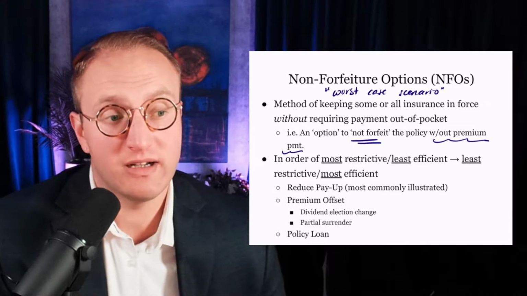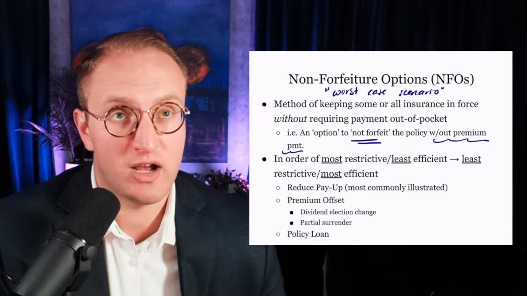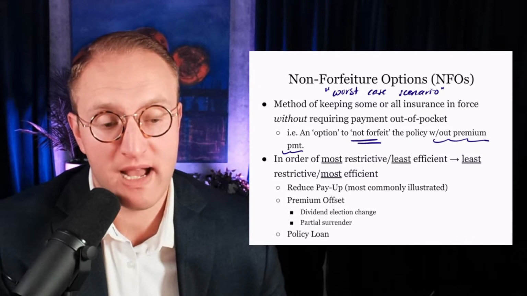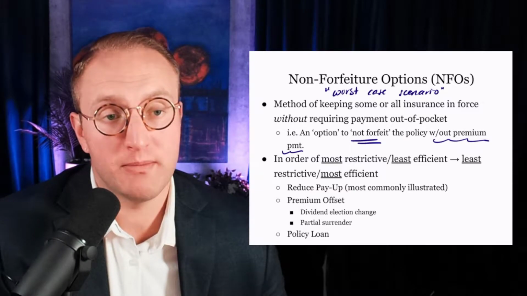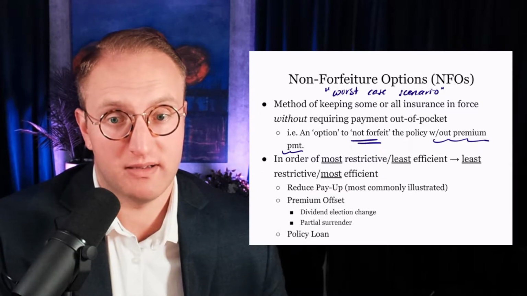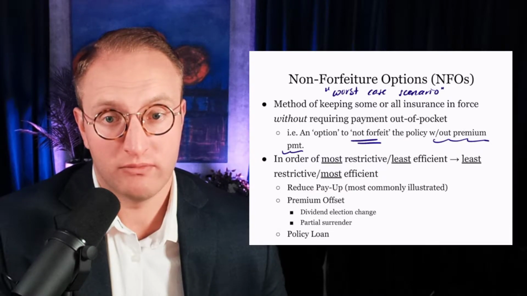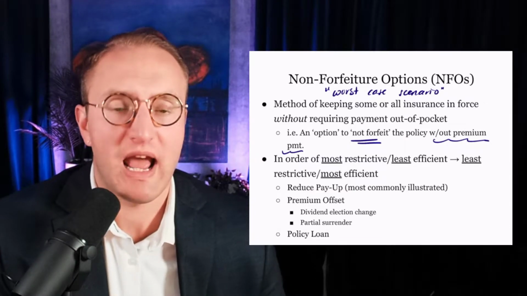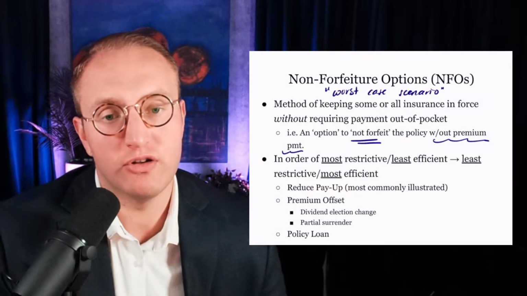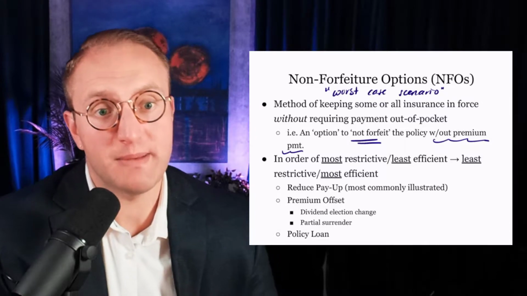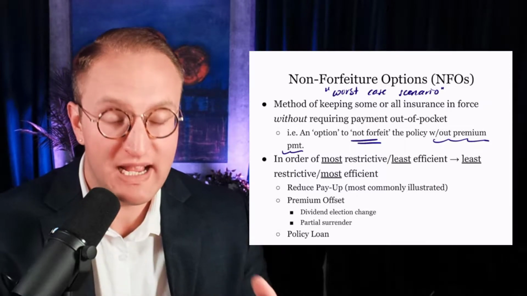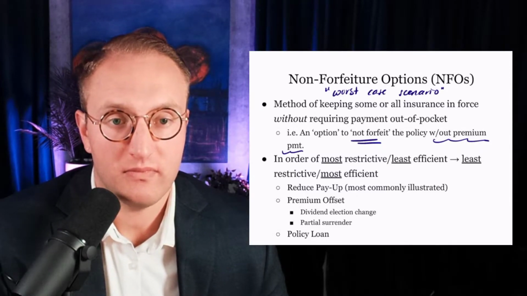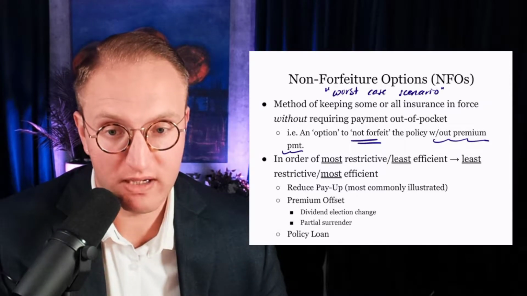If you have a momentary disruption in income, you're changing jobs but you expect income to come back, or there's a down year in the economy, your business is very cyclical, revenues are not what you thought they would be, what happens? What can you do to keep the policy in force, to keep the system intact, to keep the infrastructure intact? And this all falls under the umbrella of non-forfeiture options.